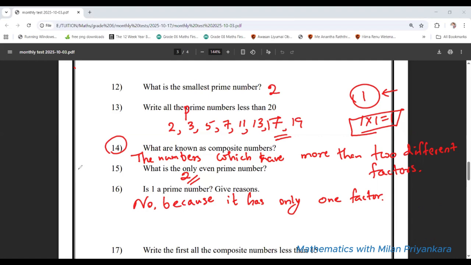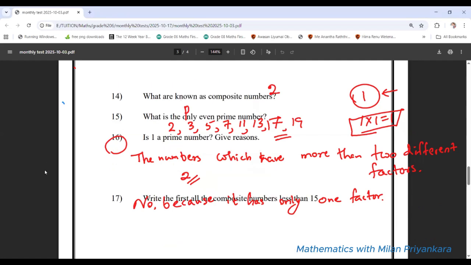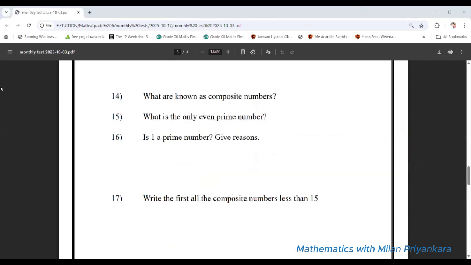And then let's go to the 17th question. Okay, here, write all the composite numbers less than 15. Let's say 1. 1 is not prime, not composite. 2 is prime, right? You need composite numbers. 3 is also prime.